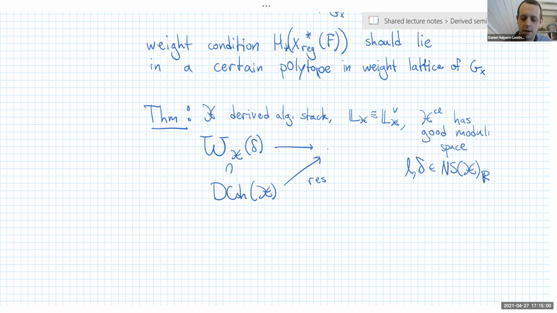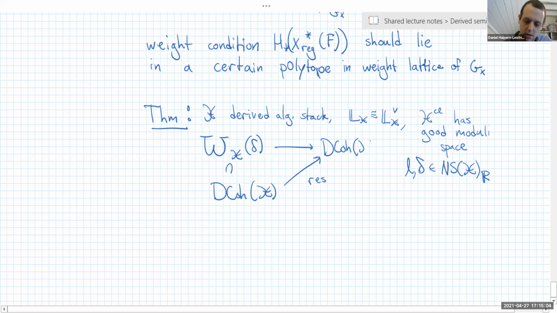That's the most concrete way to do it. So for L and δ generic.